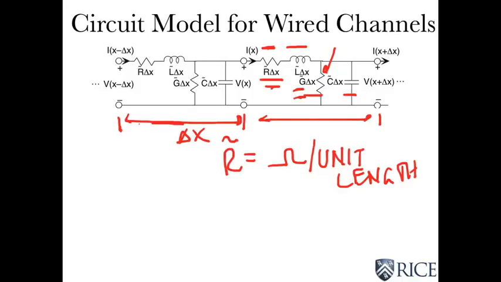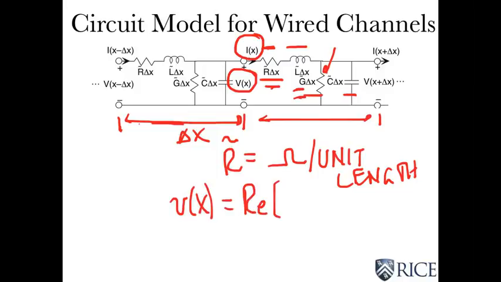So, what we need to do is figure out how the complex amplitude of the current at position X is related to the complex amplitude of the voltage at position X. So I'm assuming that the voltage, let's say, at position X is equal to the real part of some complex amplitude times a complex exponential.